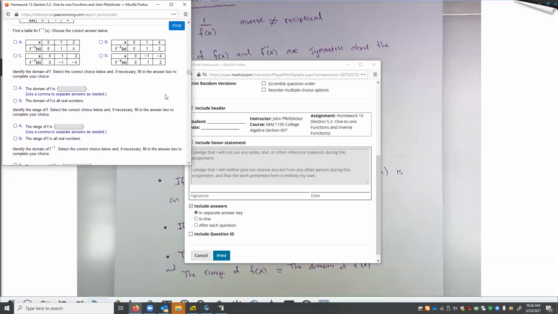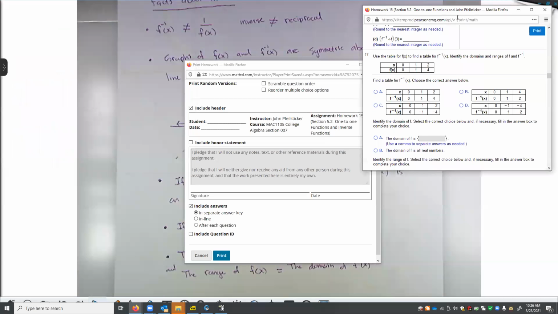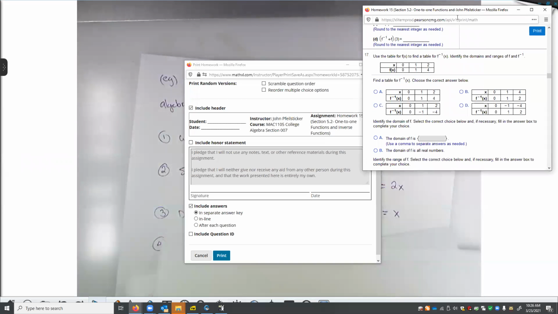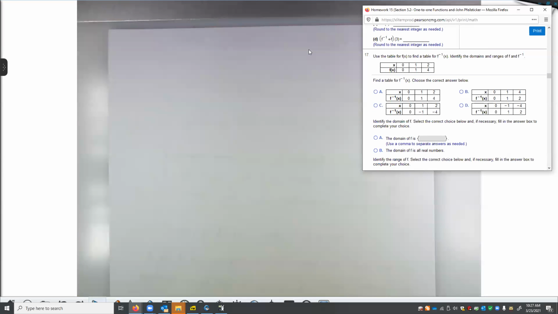How about this one? How about number 17? Let's work through number 17 together. I think we haven't done an example with a table yet. Okay.